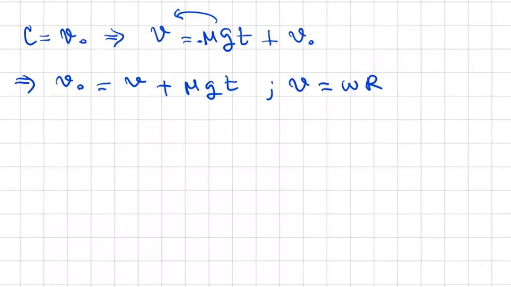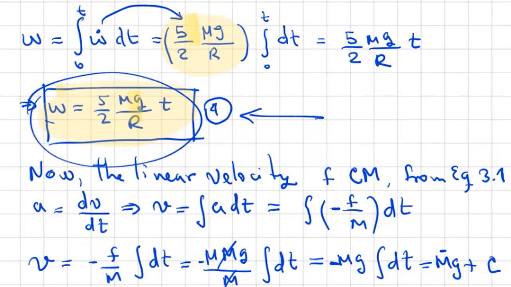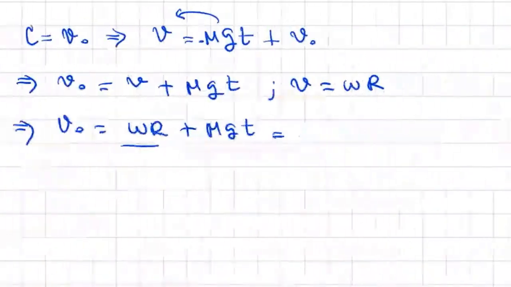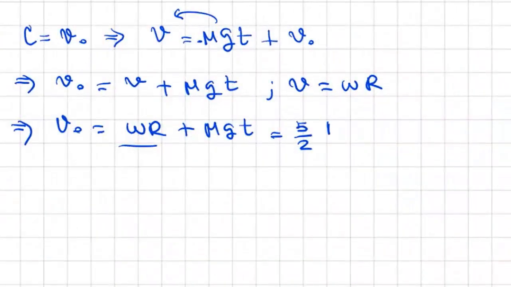So we have v0 equal to omega r plus mu g t. We remembered that we had omega in the last equation, number 4. So we replace equation number 4 into this equation, and when we do that, we get phi dividing 2 mu g r t, plus mu g t.